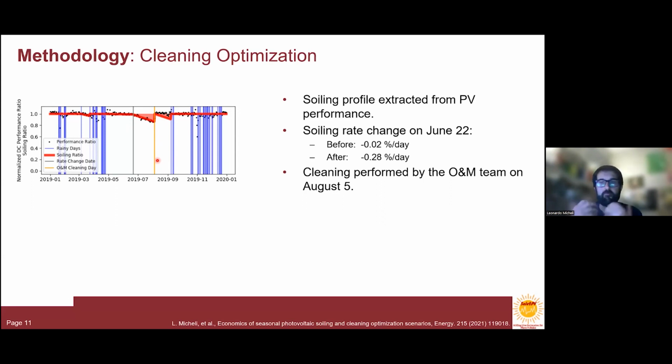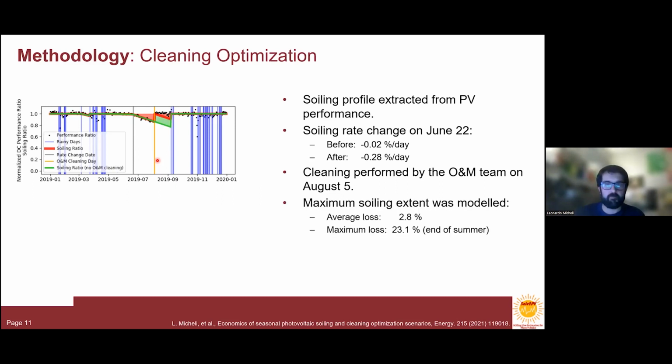So what we did, we tried to model how the soiling profile would have been if no cleaning took place. Essentially, we extended the soiling deposition until the first rainfall at the end of the summer.